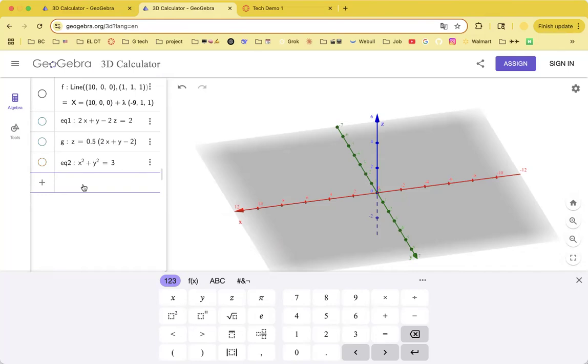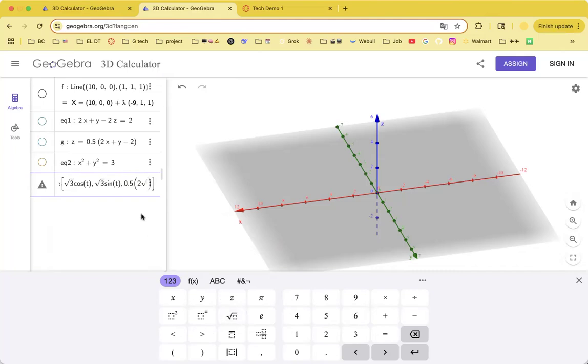Then it's going to be our ellipse equation. So I enter the command, we have to say Curve so that the calculator will notice it's going to be a curve for the ellipse. So the x value was square root of 3 cosine of t, and the y value is square root of 3 sine of t. And then here's our z value, 0.5, and then we plug the x value in here.